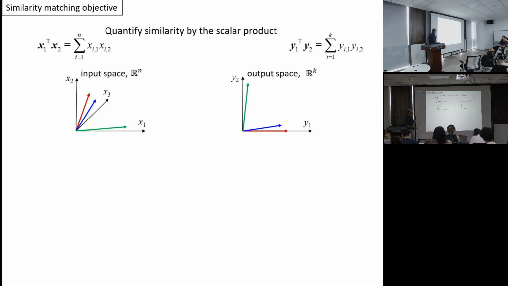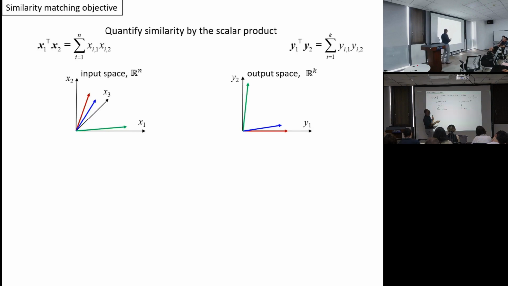The basic idea then is, instead of focusing on the data vectors themselves, we focus on the similarities between those data vectors. So for example, if we have 3 data vectors, green, blue, and red, in the input space, which vector is blue most similar to? Red. So blue and red are most similar, and green is less similar.